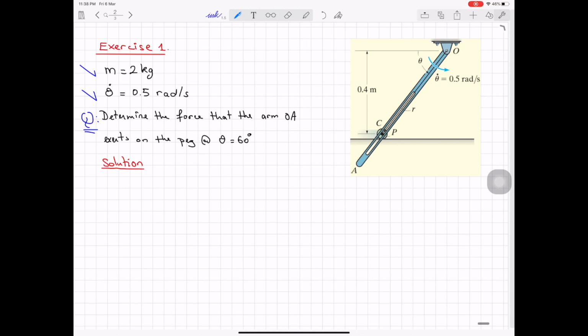So the first thing I notice is that we are looking for force. Since you are looking for force, you will need to set up the equations of motion. To set up the equation of motion, you will need a free body diagram.